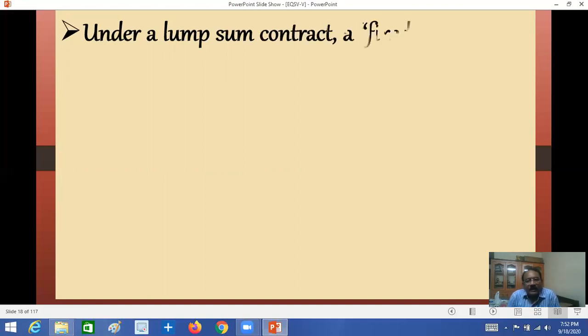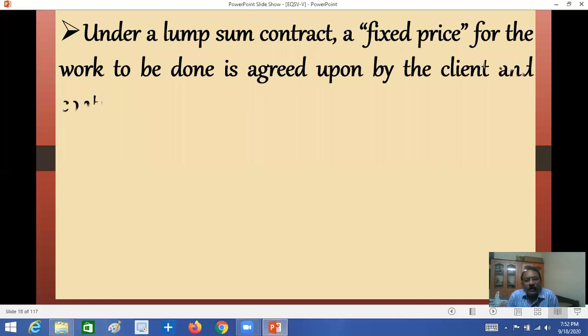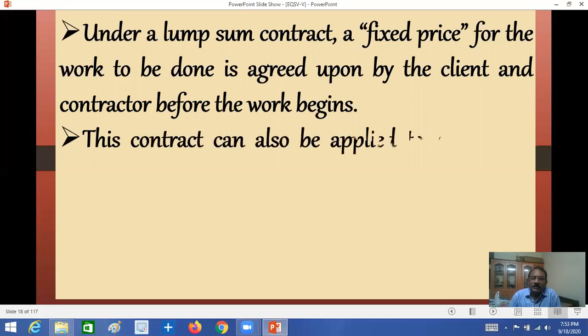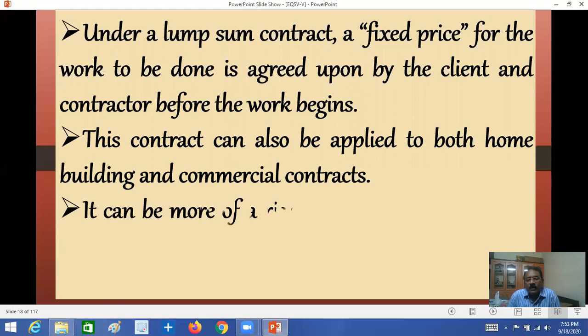Next one is under a lump sum contract: a fixed price for the work to be done is agreed upon by the client and contractor before the work begins. See here, one more important point: in this lump sum and schedule contract, the fixed price for the work is agreed upon by the client and contractor before the work begins.